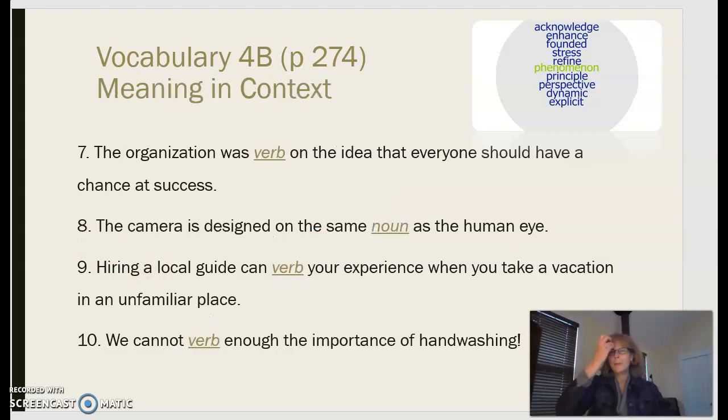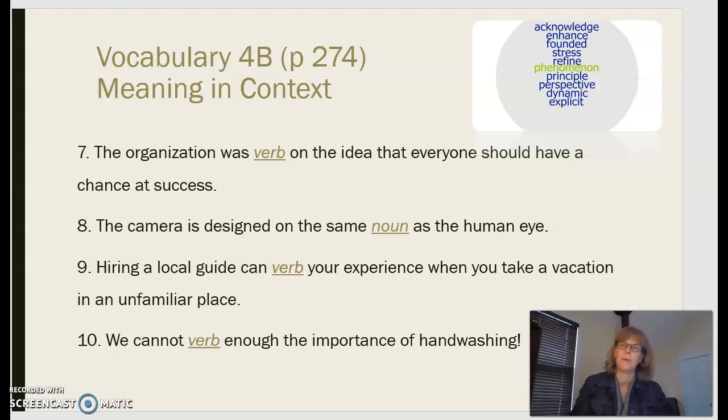So which verbs and then one noun did you choose to complete these sentences? Number 7 is a good place for the verb founded. The organization was founded on the idea, right? It was begun on this idea. It was created based on this idea.